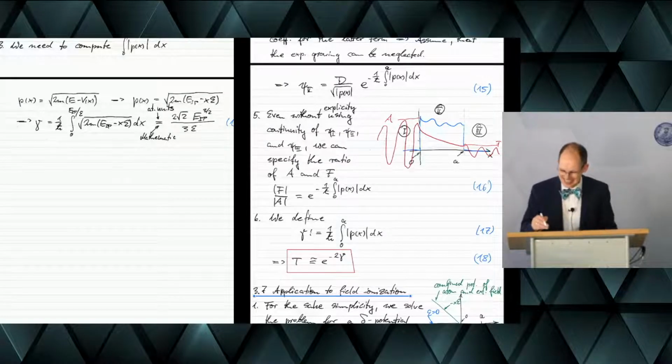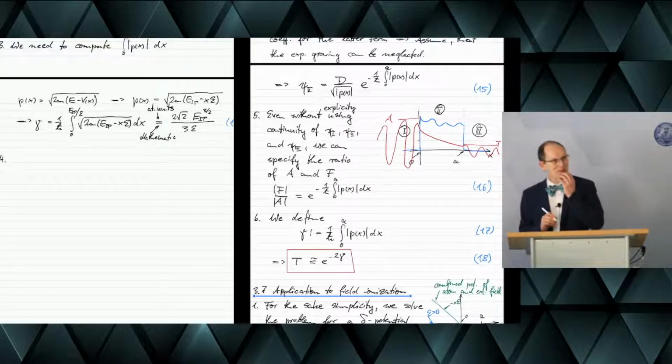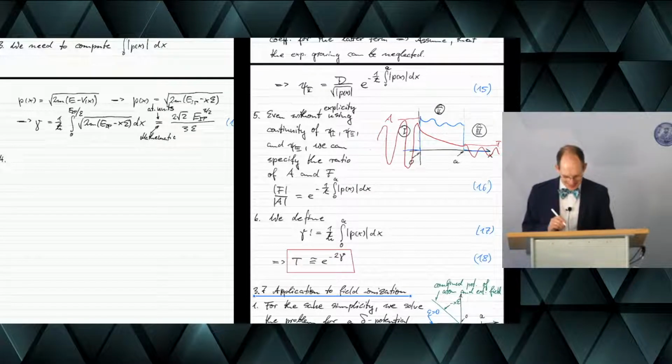Okay, so we are almost done. We want to talk about the tunneling probability. So far, we have just gamma, but we need the square of that.